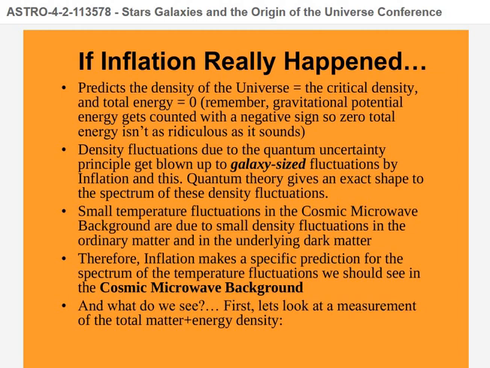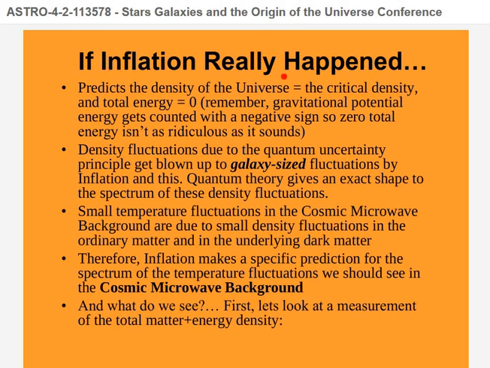So before I talk more about why inflation might have happened and what it really means, because it's kind of spooky, I think what I'd rather do is just give you really solid evidence that it really did occur, so that it doesn't sound quite as crazy, because otherwise it just sounds like reaching for the wild blue yonder to explain problems that you can't figure out any other way, like the horizon problem.